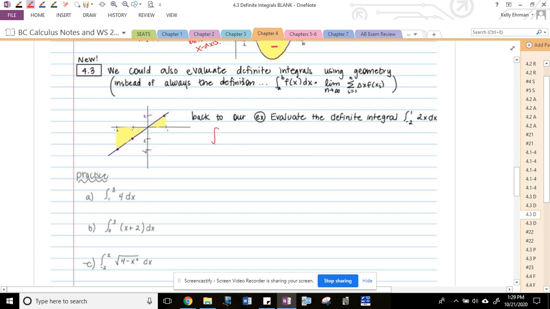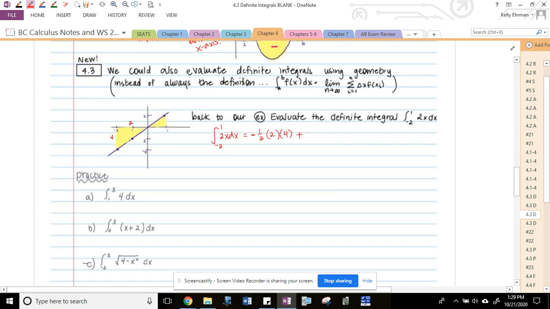So the integral from negative 2 to 1 of 2x dx is just going to equal, the first triangle has a negative area, so negative 1/2 times its base, which is 2 units, and its height is 4 units. 1/2 times 2 times 4.